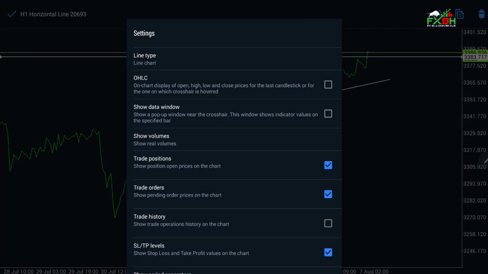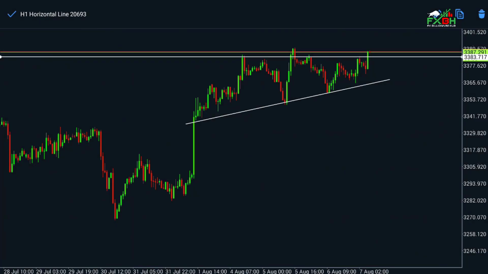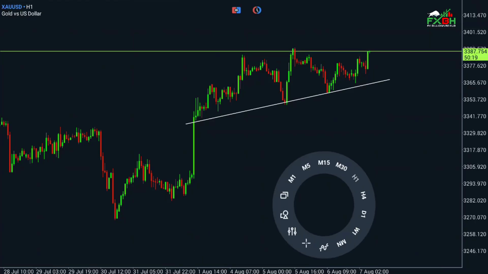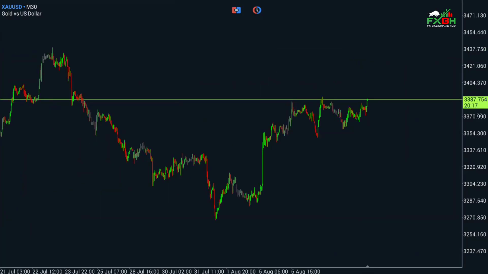Okay, let's make it candlestick. And as you can see, the market is trying to reach our all-time high zone, but it is unable to reach because there are a lot of geopolitical issues, Federal Reserve Bank policies, and Donald Trump's speeches. So let's remove this drawing and get back to our 30-minute time frame analysis.